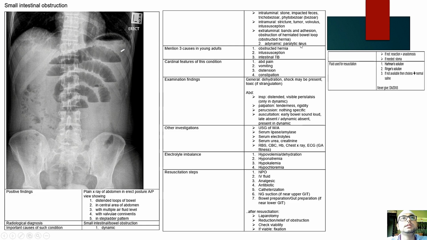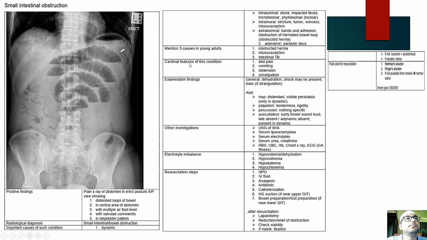And also in case of adynamic, that means there is no mechanical obstruction, but there is some systemic electrolyte deficiency or some systemic problem, like the post-operative period, like hypokalemia that causes paralytic ileus, or sometimes sodium potassium deficiency. Also any inflammation inside the abdomen causes omentum adhesion for a temporary purpose to prevent spread of infection.